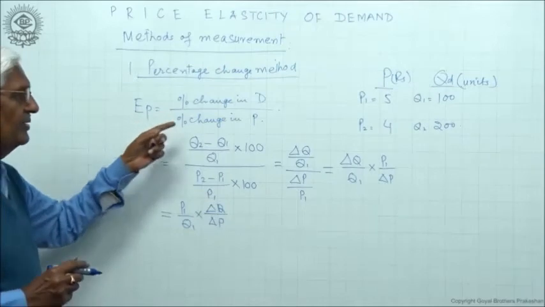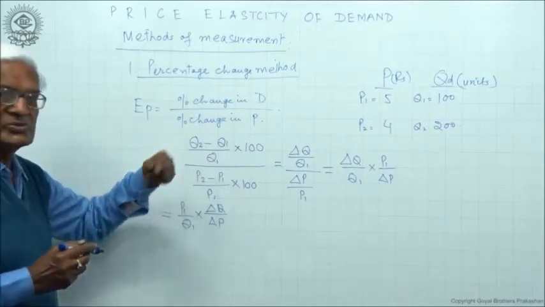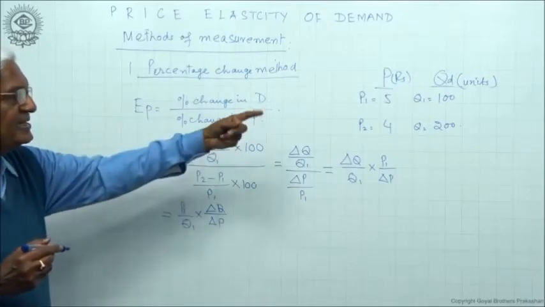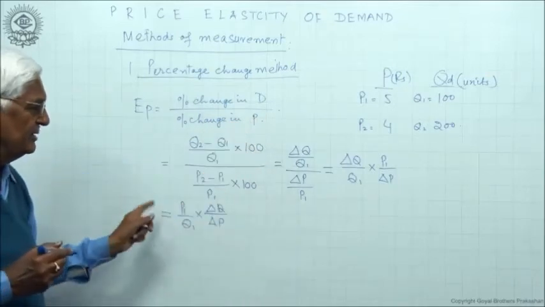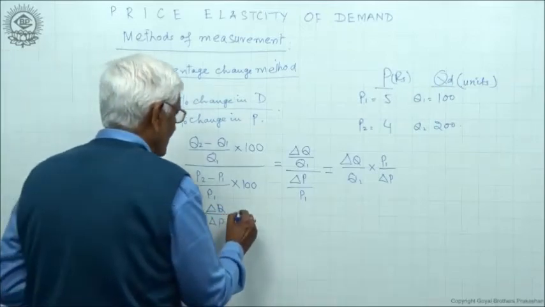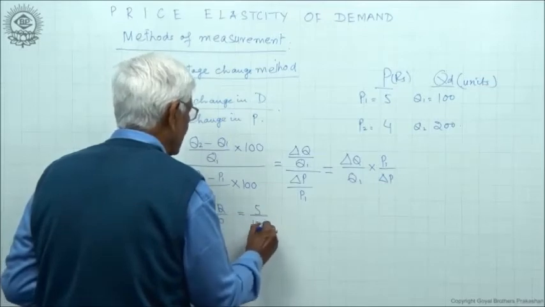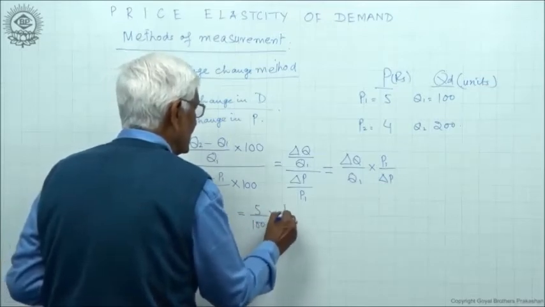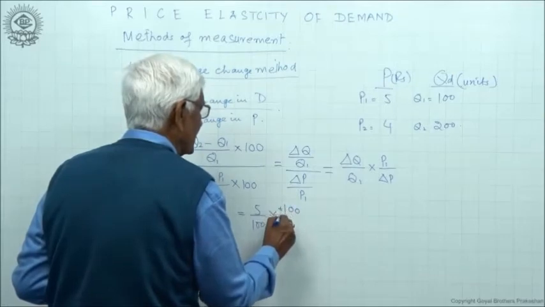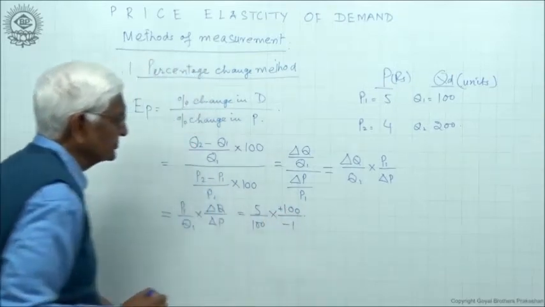If you simply get percentage figures, you can right away use the first method. But if you get figures like 5, 4, 100, 200, then it's better to use this formula. For example, P1 is equal to 5, Q1 is equal to 100, delta Q is equal to plus 100, and delta P is minus 1.